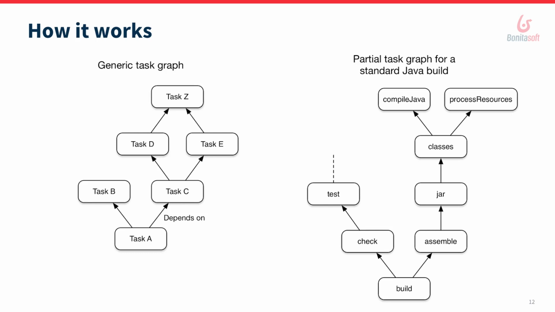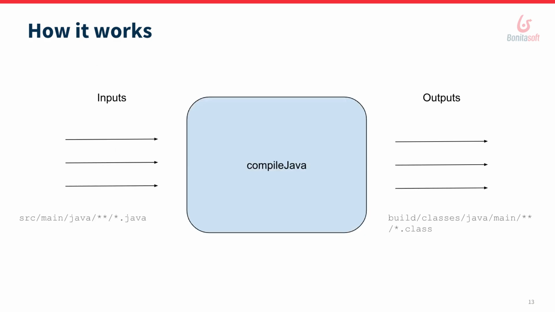That was a very simple example, but in a real life project, you could have something like this. For example, on the right, we can see the partial task graph for a standard Java build. You can notice the compile Java task that will convert your Java files into classes. Here's a more focused look at that.